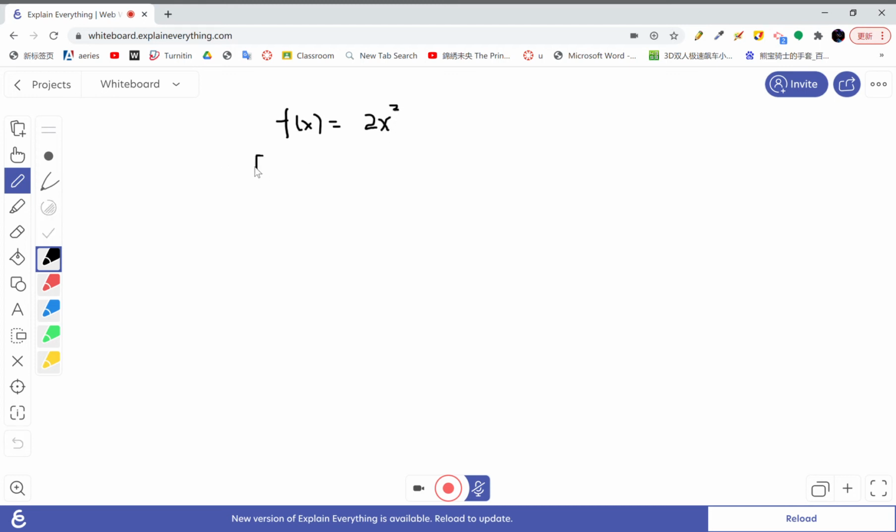Find the intersection point of f of x and the inverse of f of x.